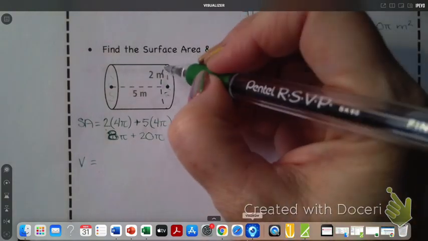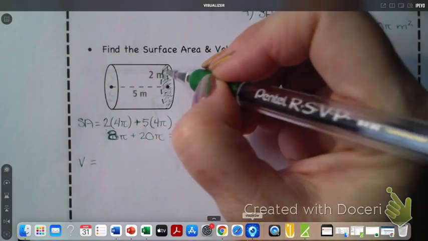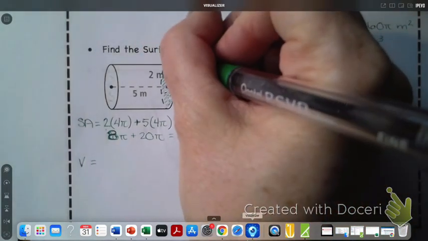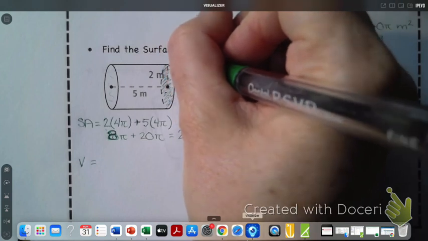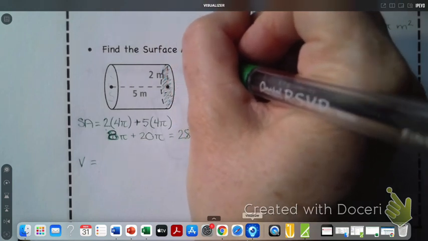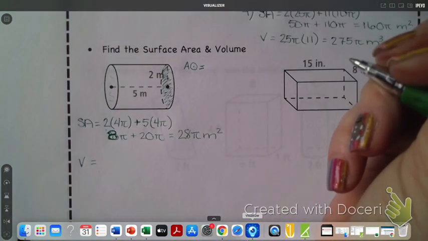Pi. I need the area of this circle. So area of a circle is what equation, Cooper? No, not the 2.